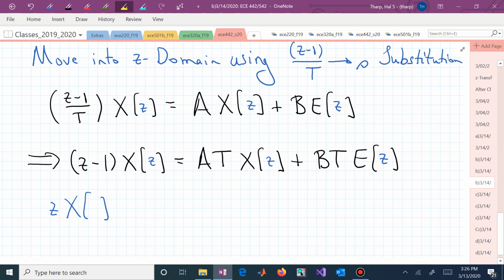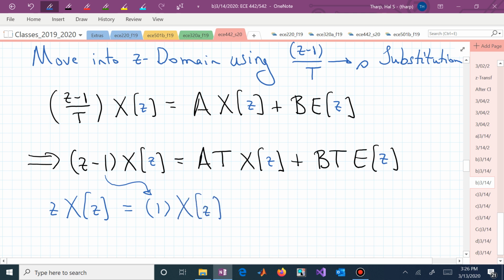We now have z capital X of z equal to, I'm now going to move this term over to the right hand side, so I'll add capital X of z to both sides, plus A T X of z plus B T E of z.